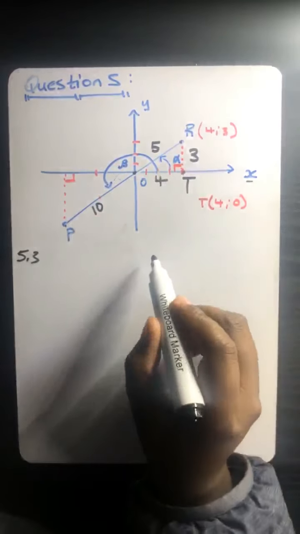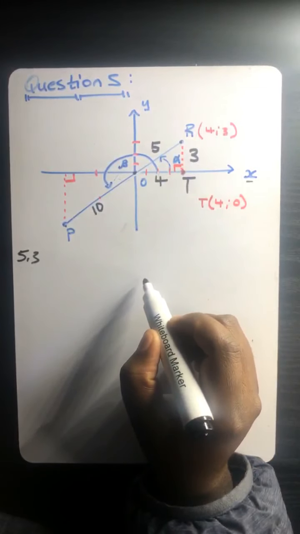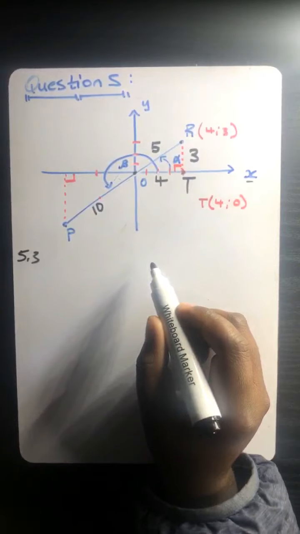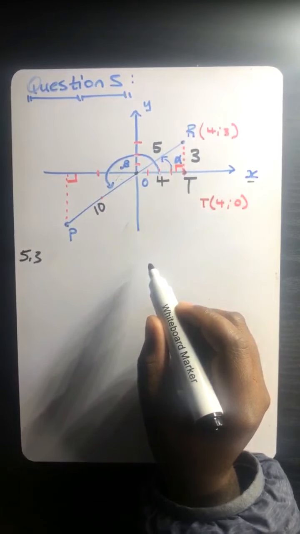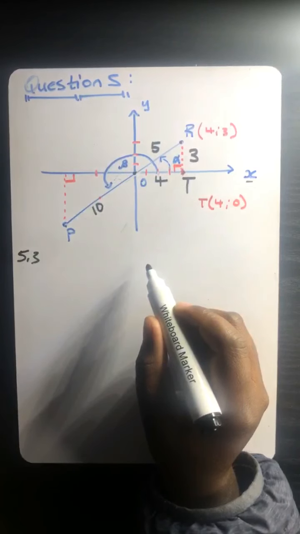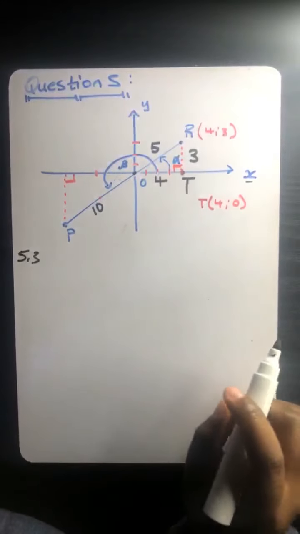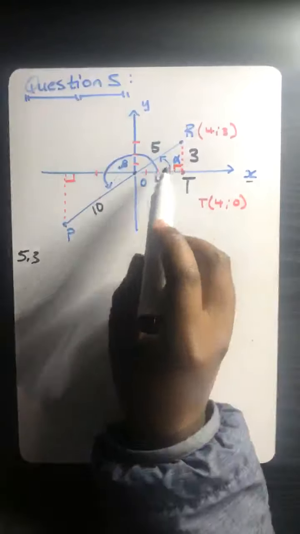Okay, you tell me what to write. Seems like the network is a bit slow on her side. Is there anyone who can tell how we can find angle alpha?